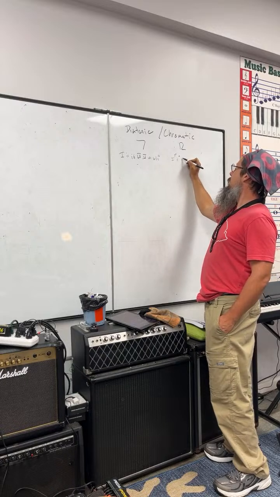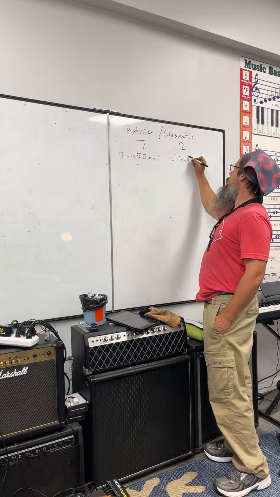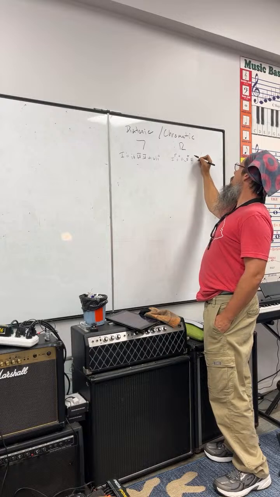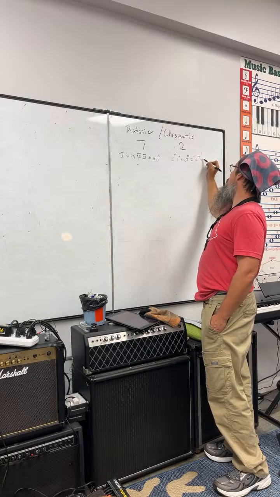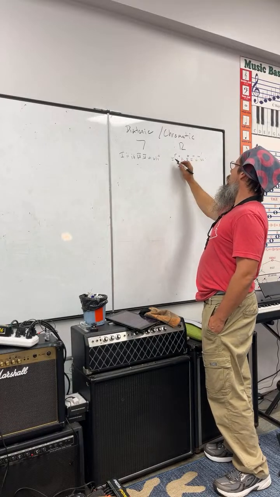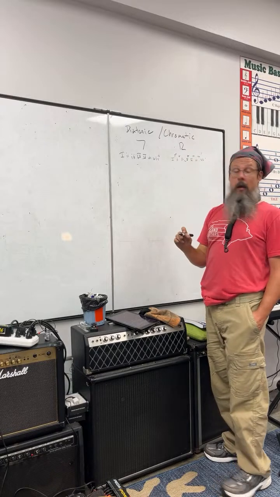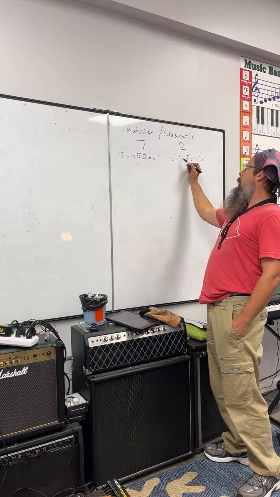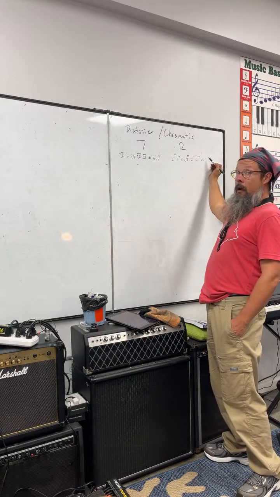It has the 3, and then the 4, the augmented 4th, and then the 5, the augmented 5th, and then the 6th, the augmented 6th, and then the 7th, and then the prime again. 1, 2, 3, 4, 5, 6, 7, 8, 9, 10, 11, and 12.